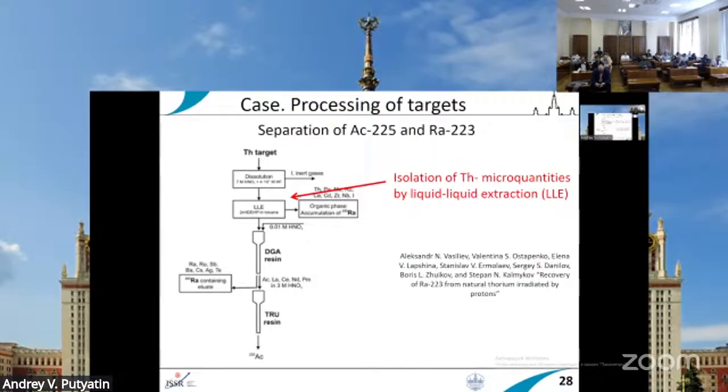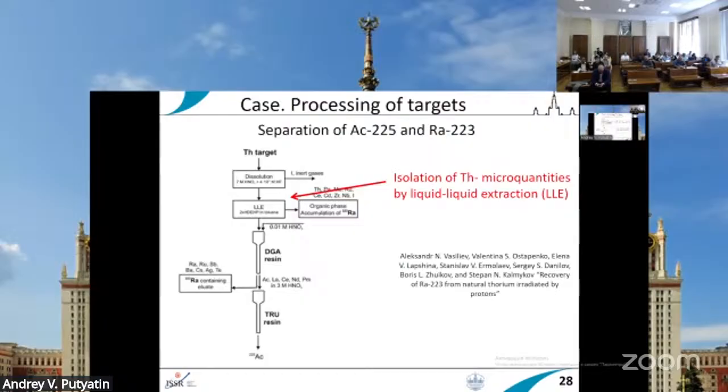The main problem is the general problem of isolation of radionuclides from an irradiated target: during the irradiation, the mass of the thorium target is the same as before irradiation. That means the concentration of target radionuclides is very, very low. They have very high specific radioactivity, and in general, the usage is based on the radioactivity, not concentration.